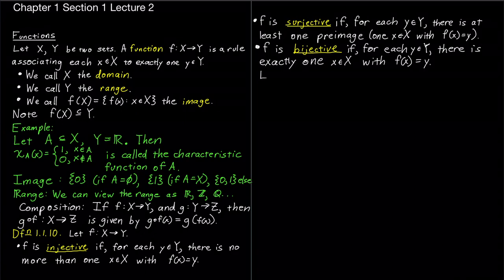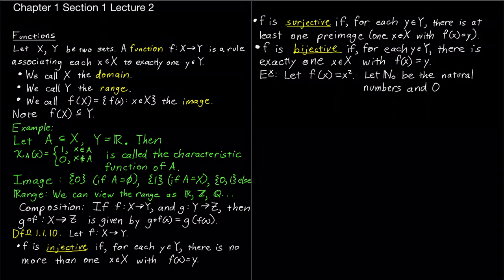So let's have an example. Let f of x be x squared. And then let's let N naught be the natural numbers plus 0. So N naught is the set of all non-negative integers.